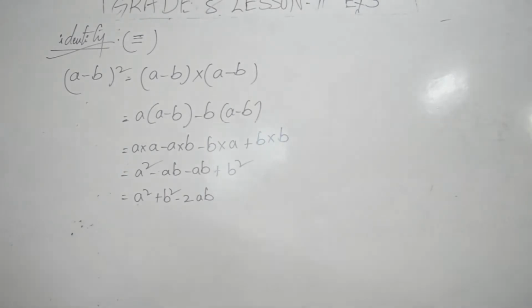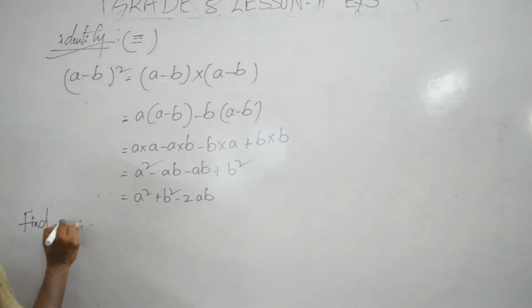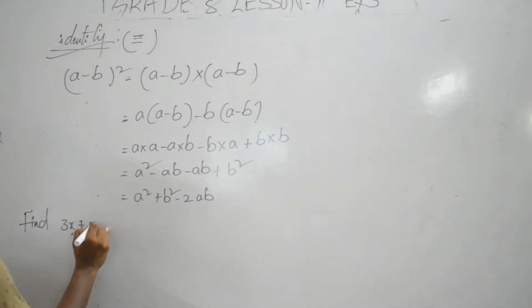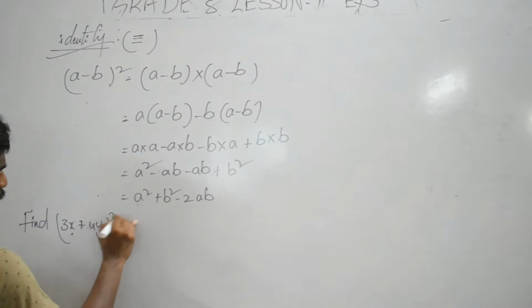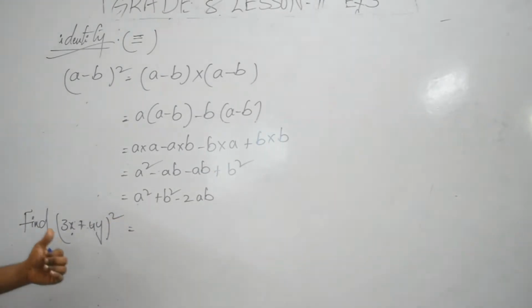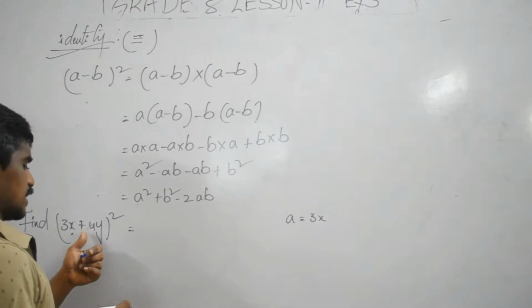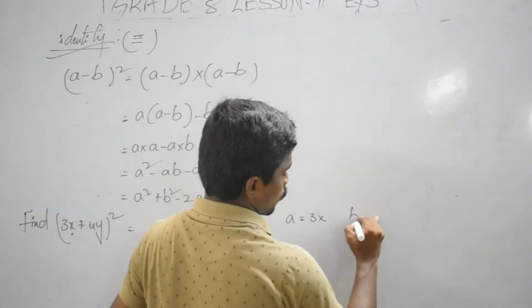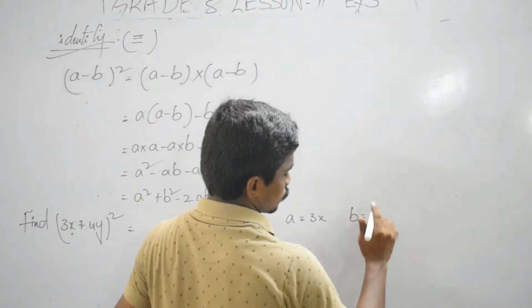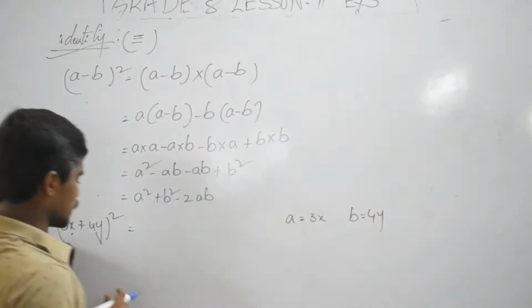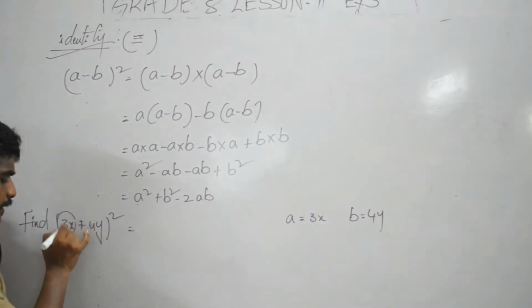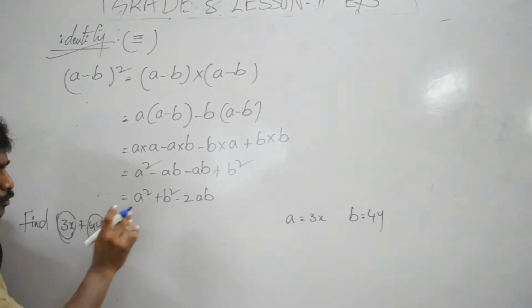Now see, find (3x plus 4y) whole square. As it is, this is like the identity, you think a equal to 3x and b equal to 4y.